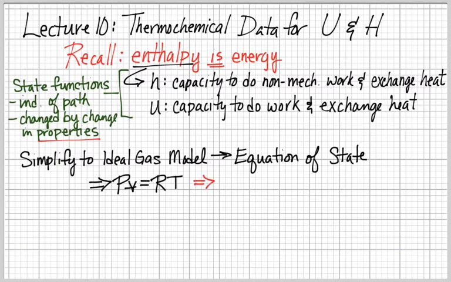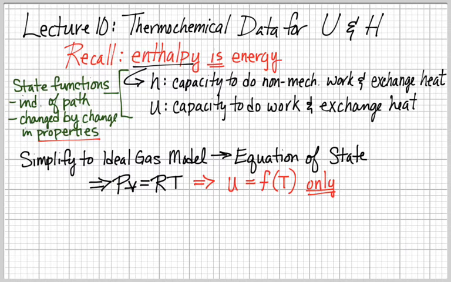We will do quite a bit of simplifying our ideas of a state function in terms of the ideal gas model. The equation for the ideal gas model that we've seen in all of our physics classes is called an equation of state. Now, we didn't call it that before, but that's what it is. So the basic relationship of pressure times specific volume, or pressure times molar volume, is equivalent to the ideal gas constant times temperature, which points out that we really only need to know the temperature of the system to express a change in the internal energy of an ideal gas.